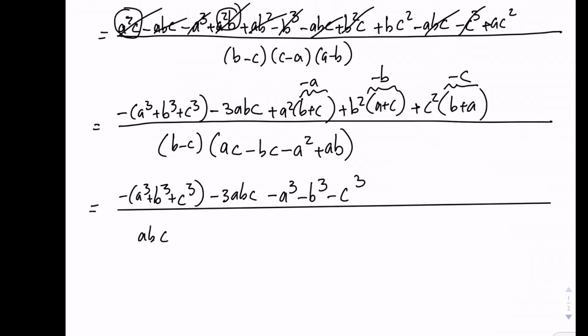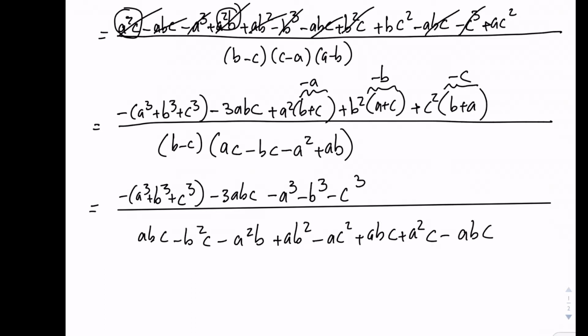We can also further expand the denominator to get ABC minus BC squared minus A squared B plus AB squared minus AC squared plus ABC plus A squared C minus ABC. Looks like I made a mistake in this plus ABC term here, so I'll just correct it. It has to be BC squared.